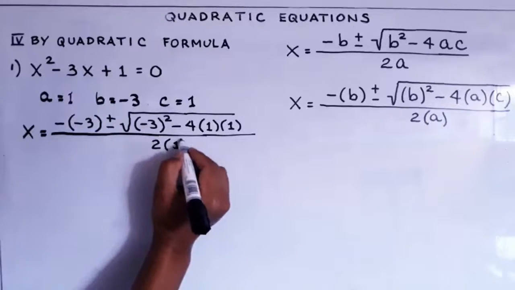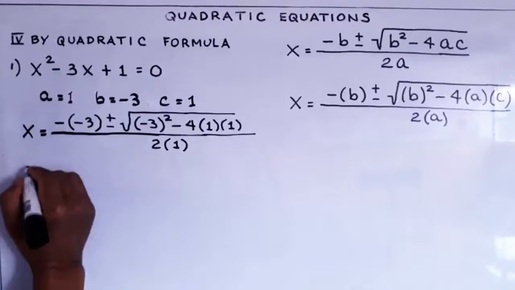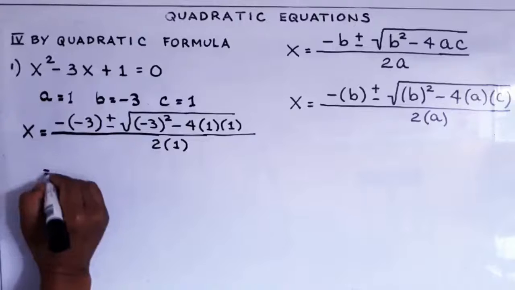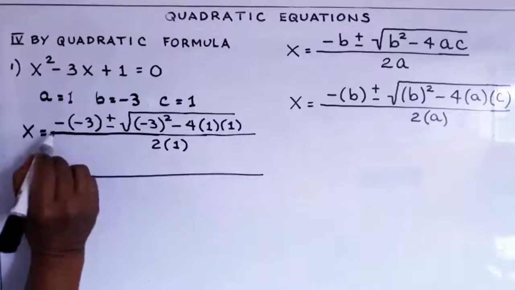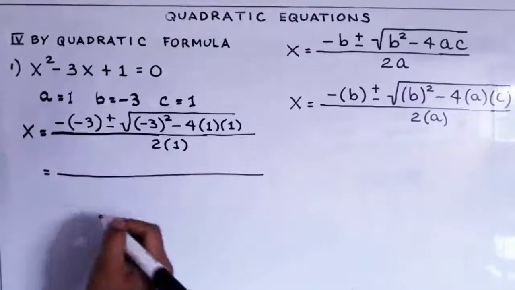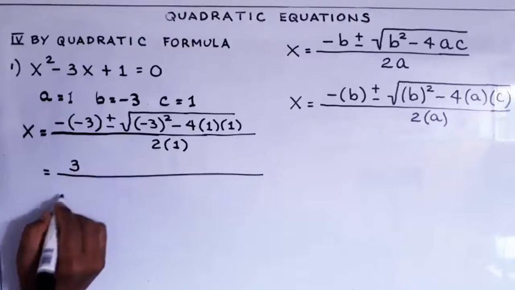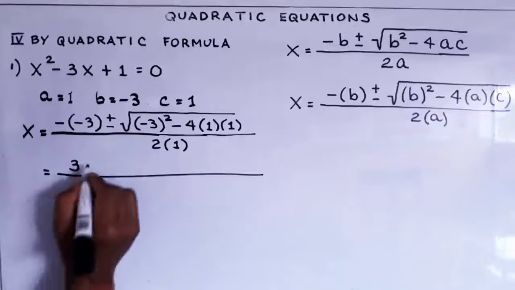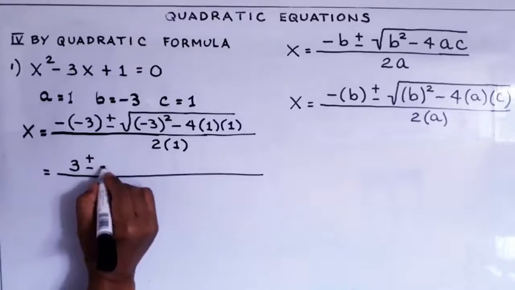I'll put the 1 there, even though you don't need that one sometimes. So we have equals here, and we have the bar here. Negative times negative will give us positive. So now we can remove the parentheses and write 3 only. And then plus and minus.